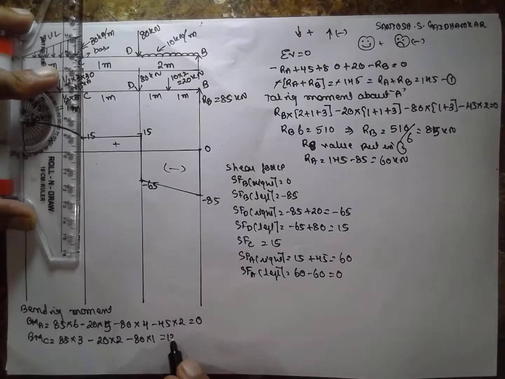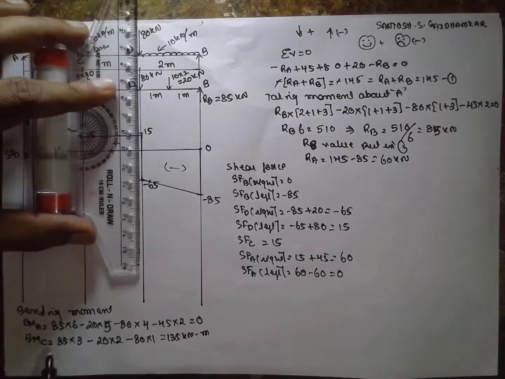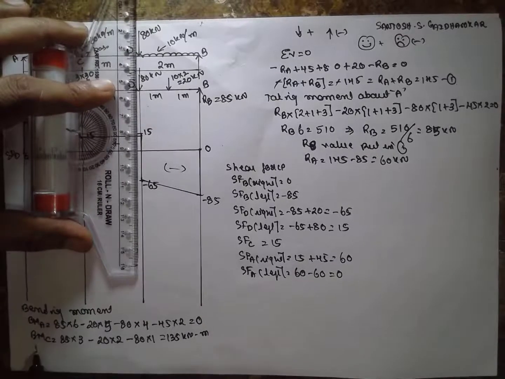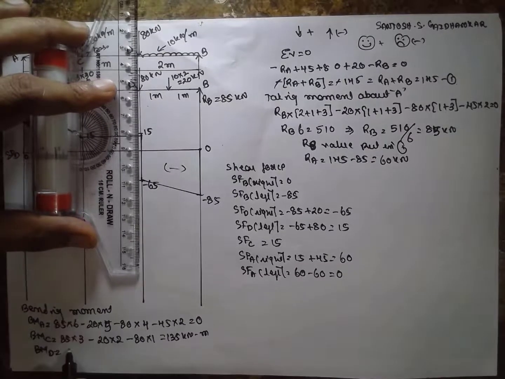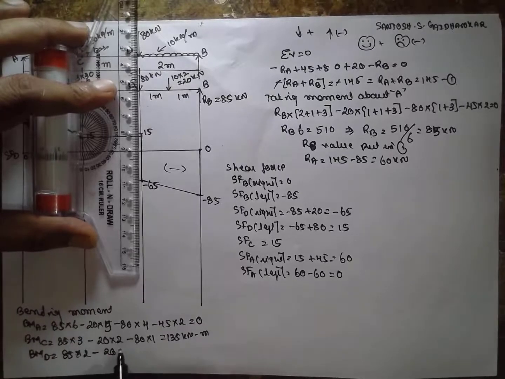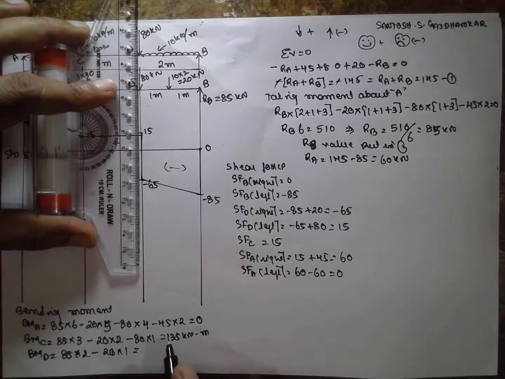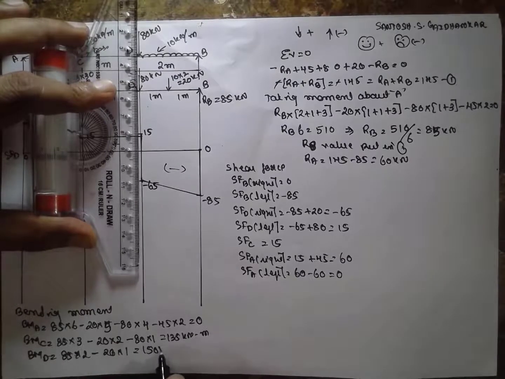Answer is 135 kilonewton meter. Next, bending moment at D. D will be 85 into 2 minus 20 into 1. Answer is 150 kilonewton meter.